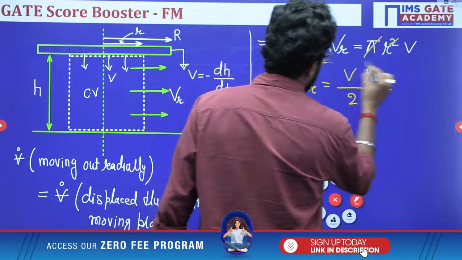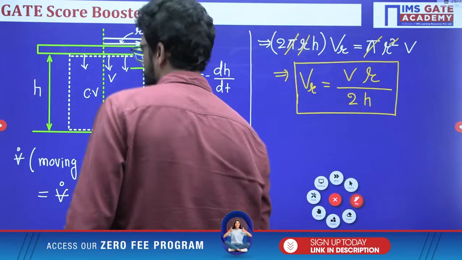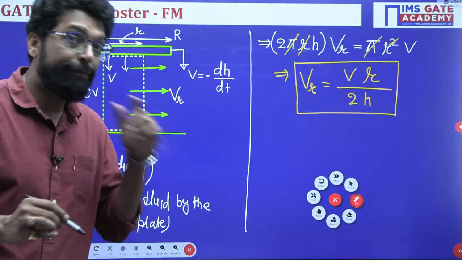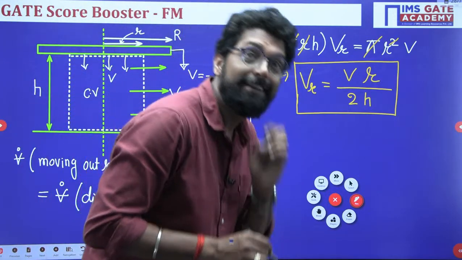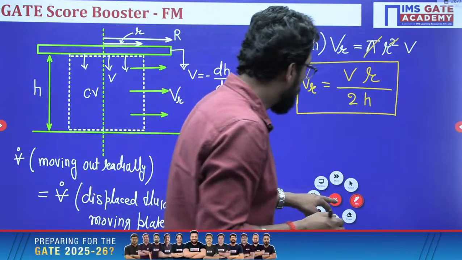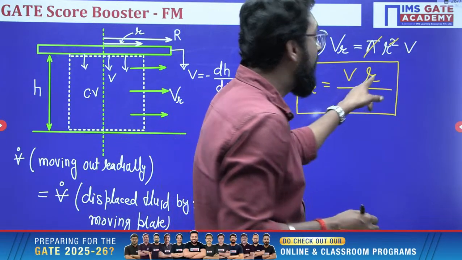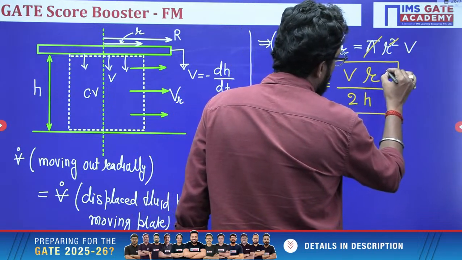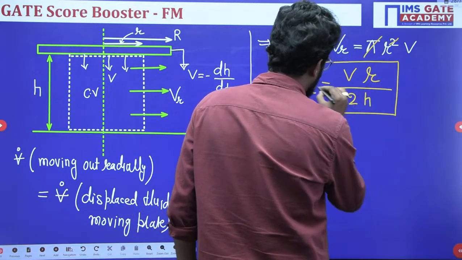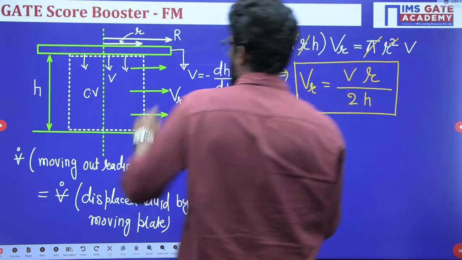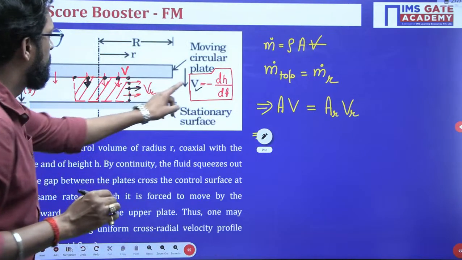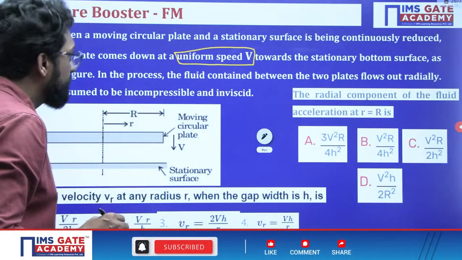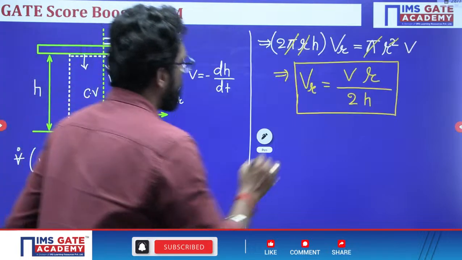This is radial velocity. Is there any problem up to that? Please tell me. Now, my dear, this radial velocity is a function of R and H. V is constant, this speed is uniform.